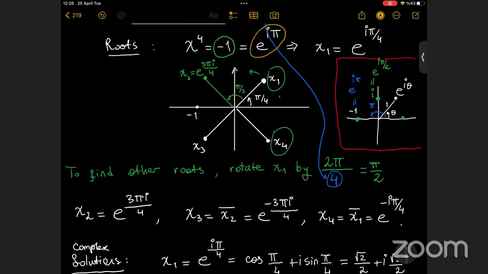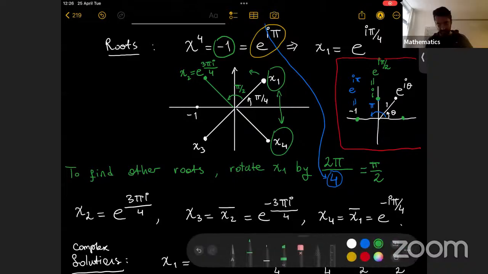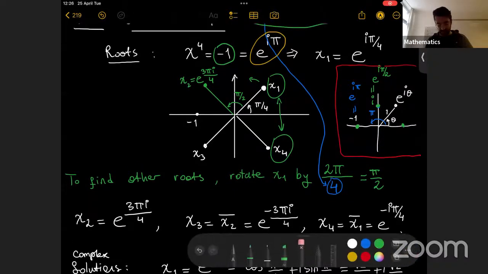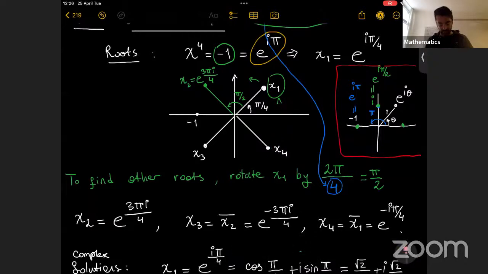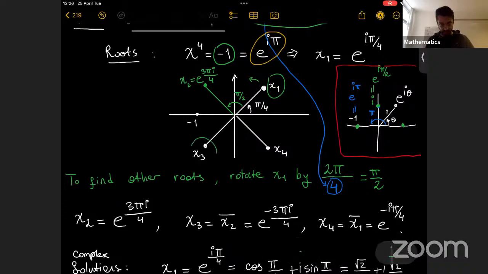You cannot choose these two to get the general solution because if you choose these two, you will get two solutions. You can check that. You will get two real solutions, and this will not be enough to write the general solution. But you could choose the following. Instead of working with lambda 1 and lambda 2, you could choose lambda 1 and lambda 3.